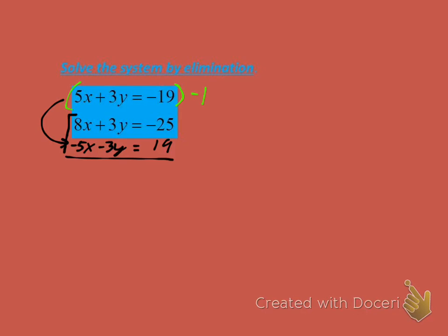From there, your focus should be on those two equations, and you just add those up. So 8x plus -5x gives you 3x. 3y plus a -3y gives you what?